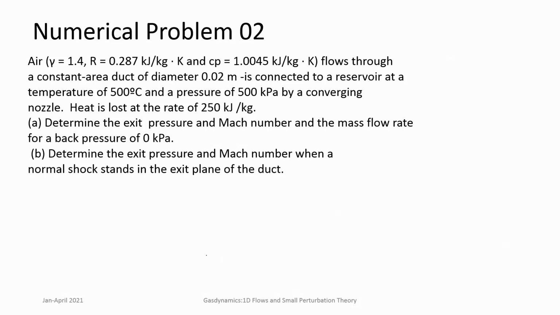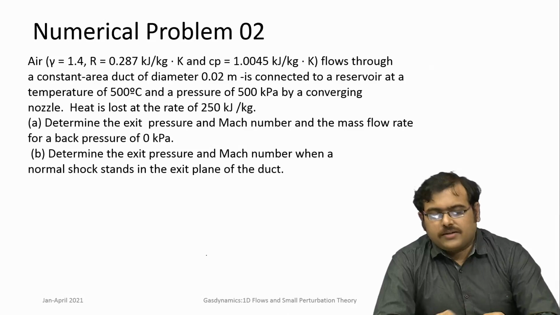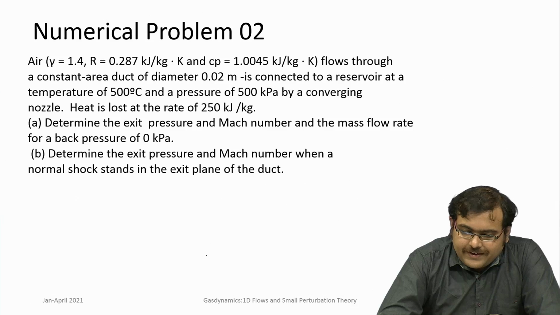Now, heat is lost at the rate of 250 kilojoule per kg. Determine the exit pressure, Mach number and the mass flow rate for a back pressure of 0 kilopascal. What is meant by 0 kilopascal here is very low pressure at the exit. Determine the exit pressure and Mach number when a normal shock stands in the exit plane of the duct.